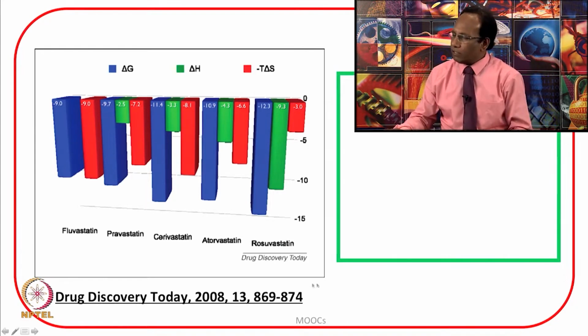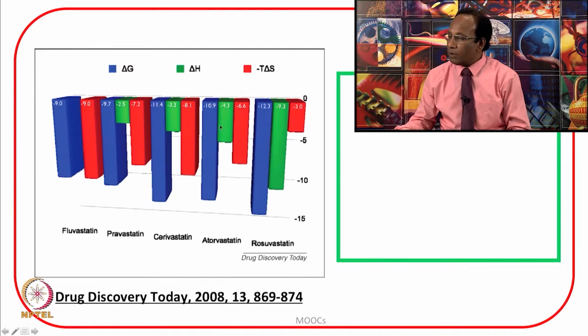Now, here if we look at the trend, once again the trend is towards more exothermic binding of the statins. Starting from fluvastatin to rosuvastatin, we see that the length of the green bar is more, the extent of exothermicity is more, as we progress from earlier to later years.